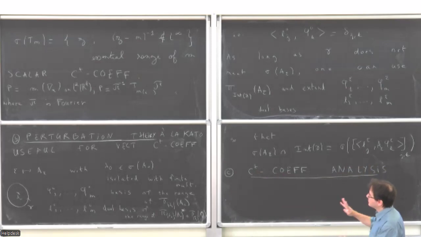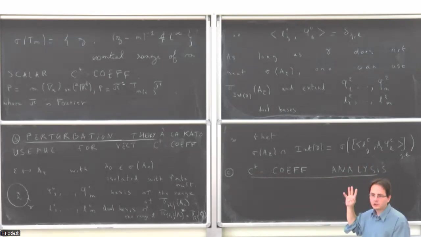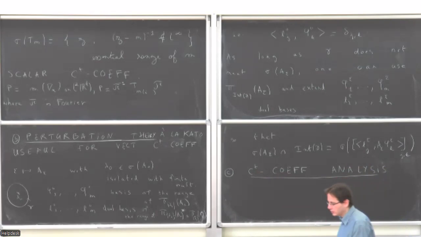More or less, I've reduced the problem to the scalar case. So I just want to explain how to do the scalar analysis, or I will do it on a trivial example just for practice.